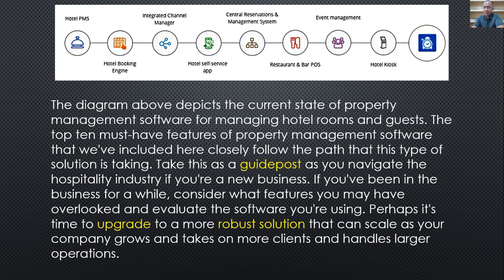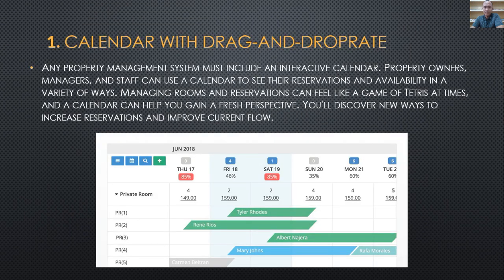If you've been in the business for a while, maybe you're already familiar, but you might consider some features that I'm going to discuss, that you may have overlooked, for an upgrade. Perhaps it's time for you to improve your services to a more robust solution that can scale as your company grows, takes on more clients, and handles larger operations.